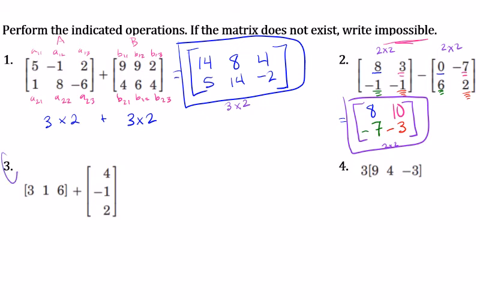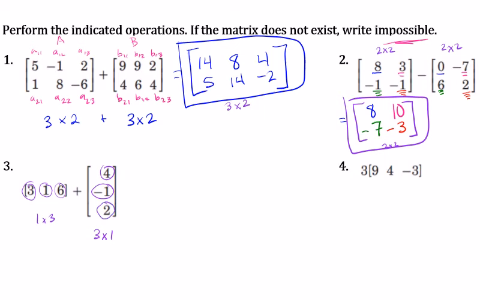So let's take a look at number 3. Number 3 is different because here we have a 1 by 3 and a 3 by 1. And this doesn't work. We have an A11 and a B11, but we don't have an A12. We have a B21, right? And we have, instead of a 13, we have a 31.